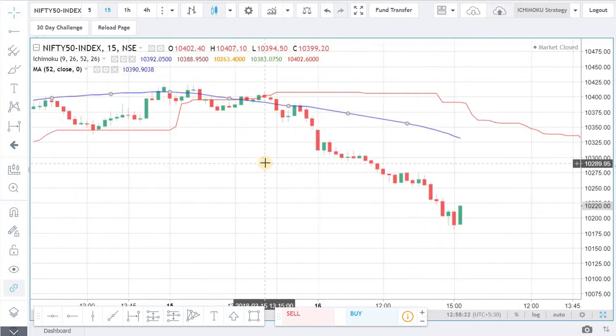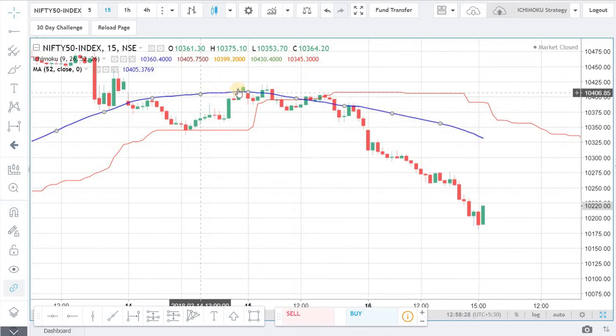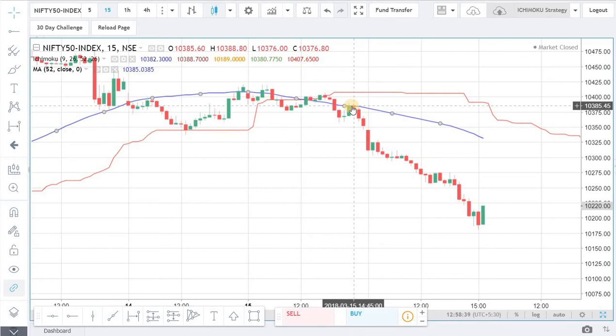Both the blue line as well as the red line are 52 period moving averages, but since this is a lot more smooth, it gives you a level like this, which acts as levels of support and resistance. In this case, it's acting as resistance, which is quite good.